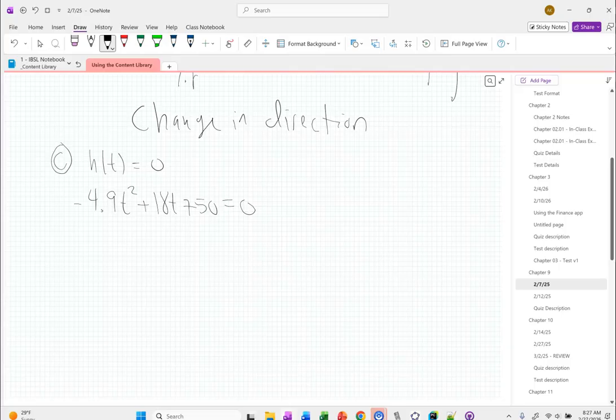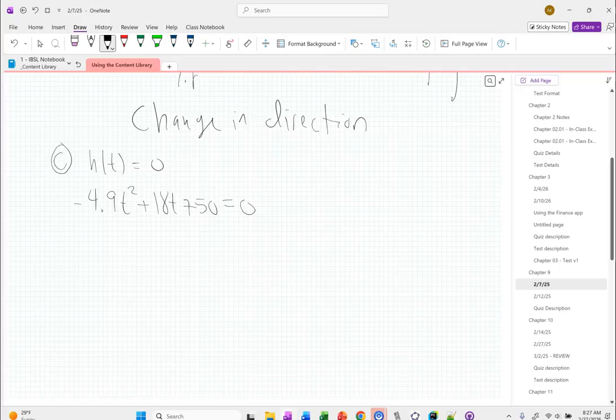What type of equation is negative 4.9t squared plus 18t plus 50? More specific than that. Q, U, A. Quadratic. How do we solve the quadratic equation?